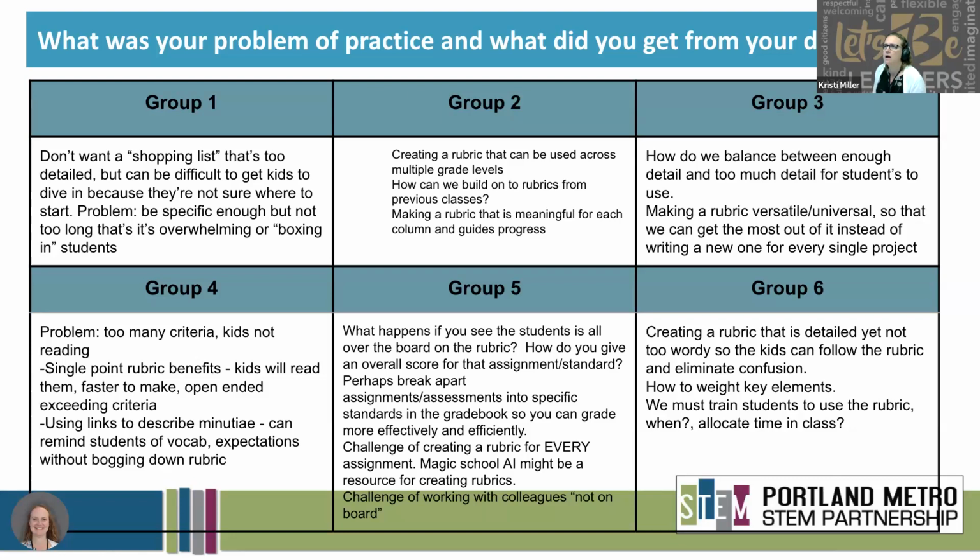We don't want to create a rubric so that all the evidence that we get looks the same. We don't want it to be boxing people in. We want to give them enough information so that they know what they're shooting for and how to get there, but it's not so prescribed that everyone is making the exact same thing.